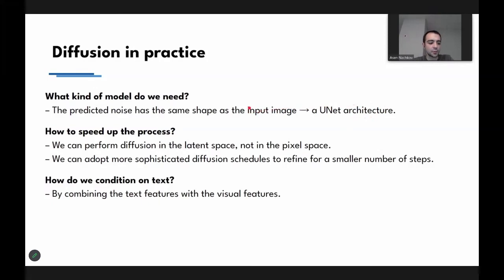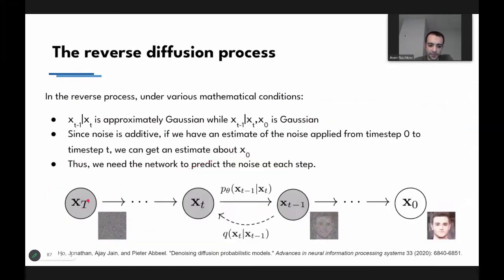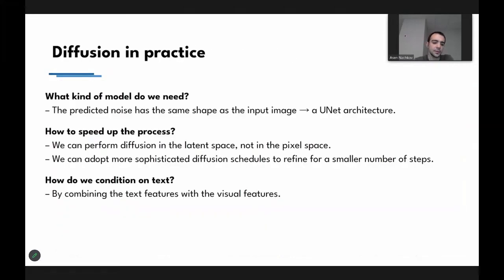It's also a slow process at test time. So we can use various tricks like doing diffusion in the latent space or adopting a more sophisticated schedule, which can in principle skip some of these steps. However, how to do it efficiently is more of a research question.